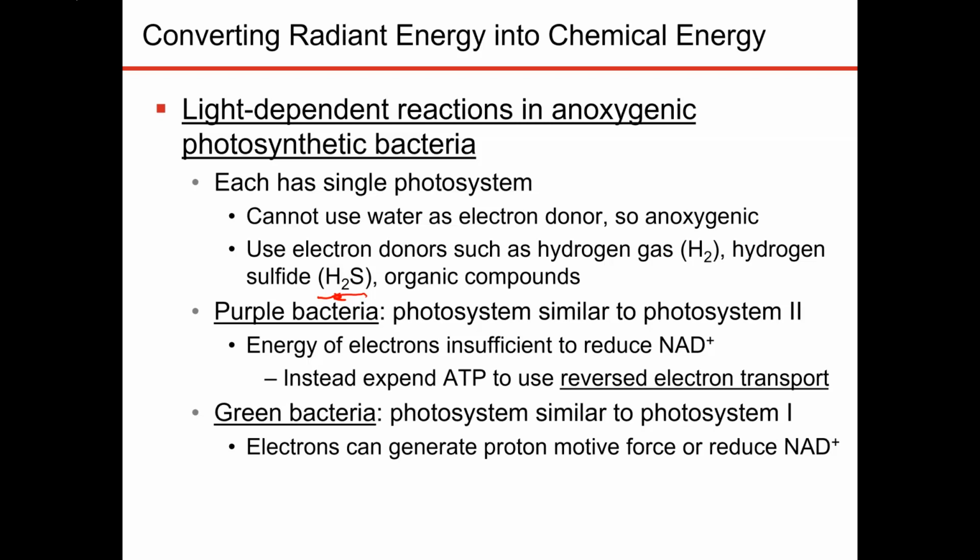So they're going to use other materials like hydrogen sulfide or nitrite to donate hydrogens. They also tend to produce less ATP, and because of that, they're not going to gain as much carbohydrate for the same amount of work.